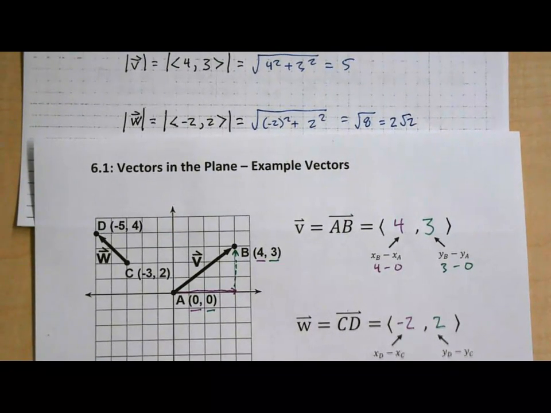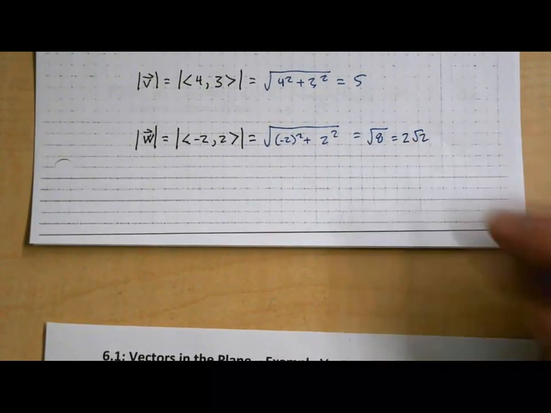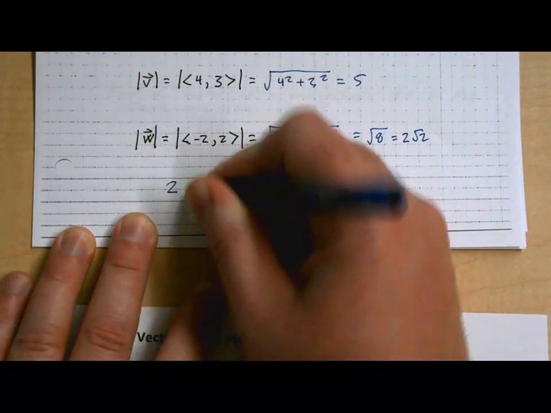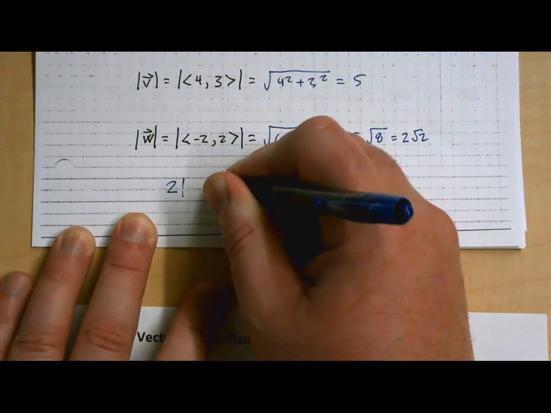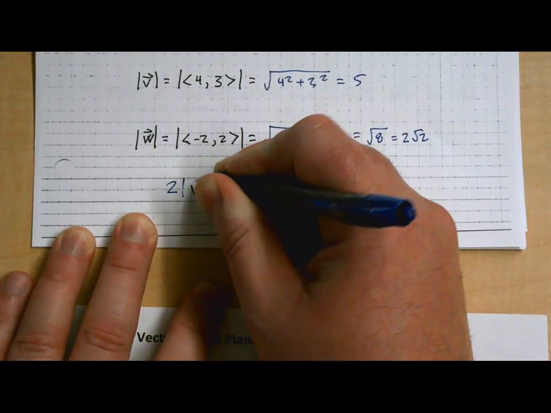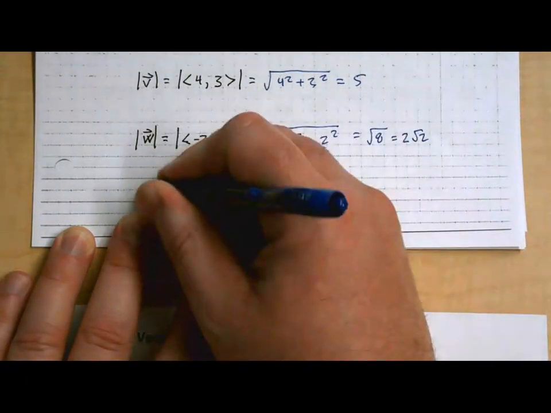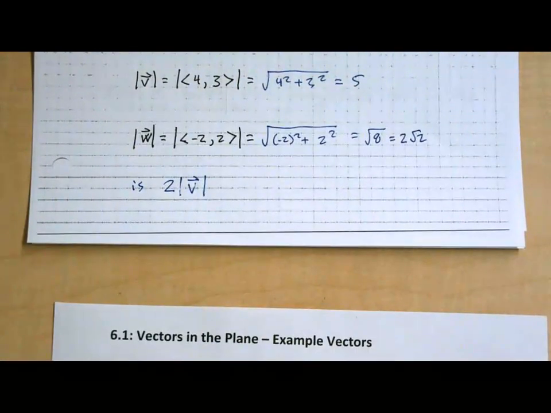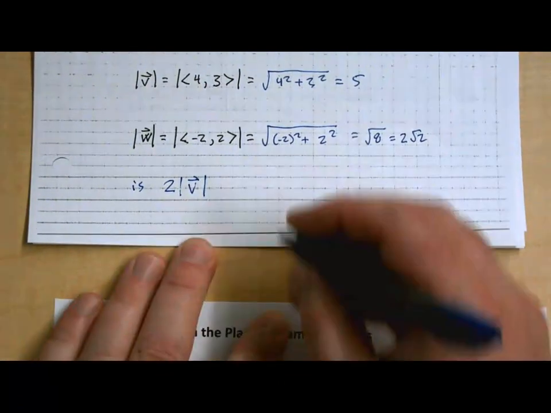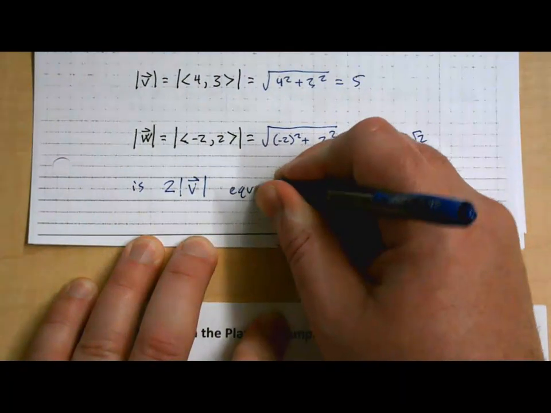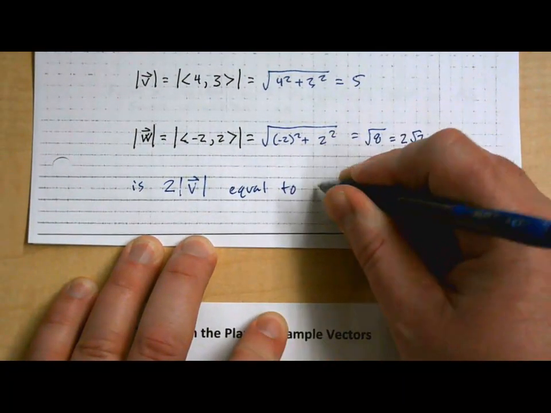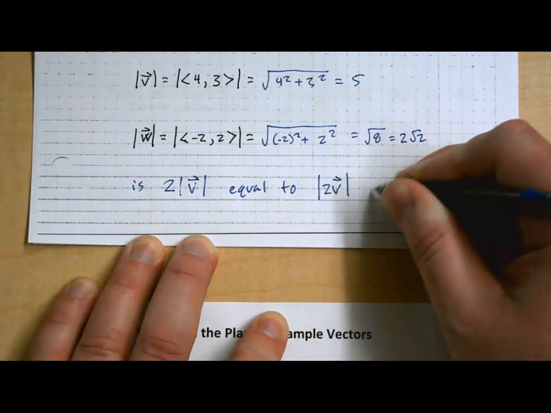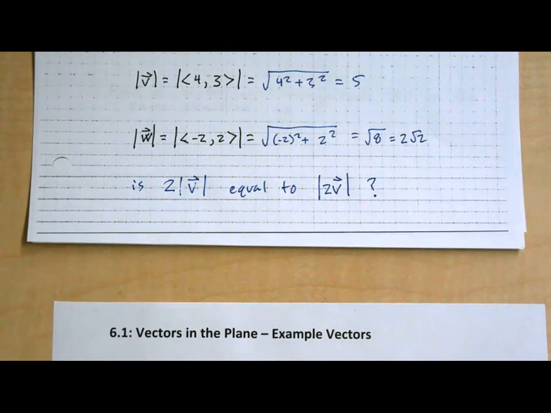Here's another fun question for you. If I double, I'm going to write this down and then I want you to say it out loud. You don't have to write it down, but I want you to speak it.